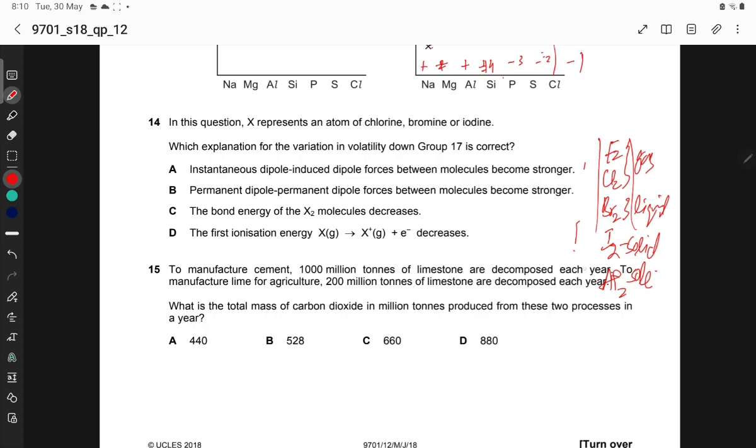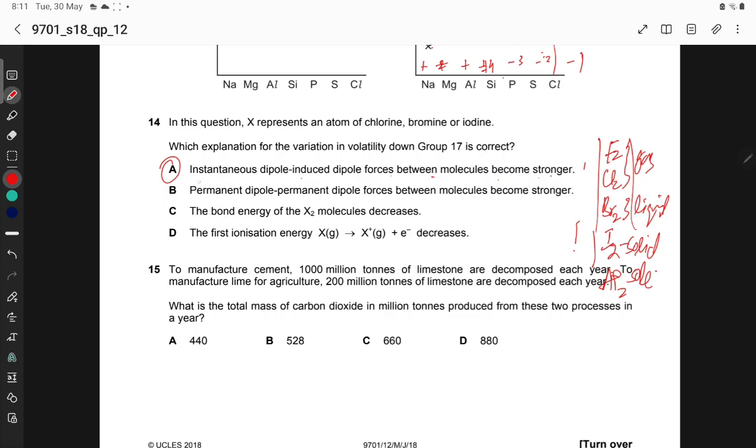Down the group the number of electrons increases, and the size of the atom also increases. So this is a true statement, because this is a simple molecule and it has instantaneous dipole induced dipole forces, which become stronger as the size of the atom increases and the number of electrons also increases.